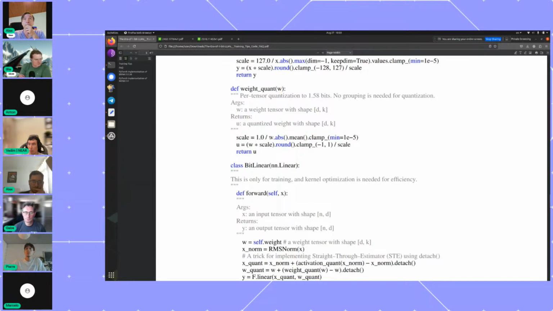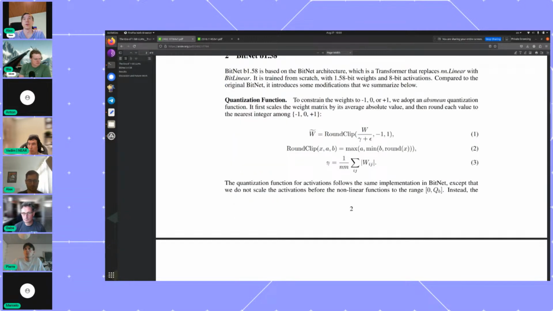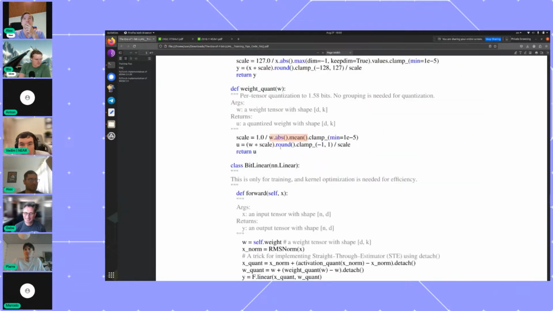We compute the abs mean, which corresponds to effectively computing this Greek letter; I don't know how to pronounce Greek letters. This is effectively to prevent division by 0. If it happens that your whole matrix is all zeros, you don't want to end up dividing by 0.